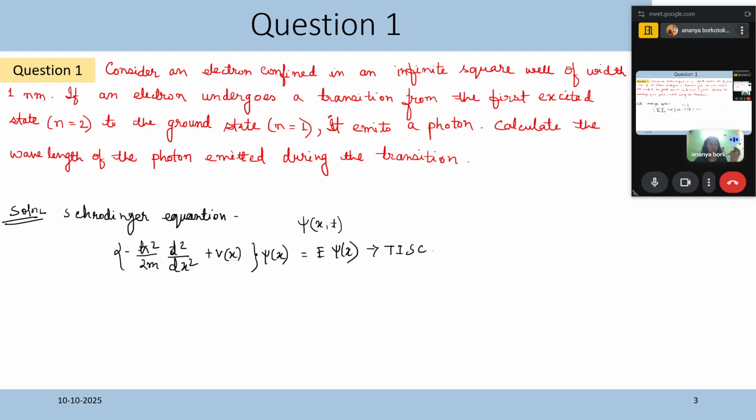Because of the atoms, the electrons will feel some potential, so we write it in a mathematical form to find the wave function of an electron inside a crystal. Based on that we get the band gap in a semiconductor, and how we find the band gap and band structure was discussed briefly in the initial 1 or 2 weeks of this course. So V of x is the potential the electron is experiencing, and E is the energy of the electron.